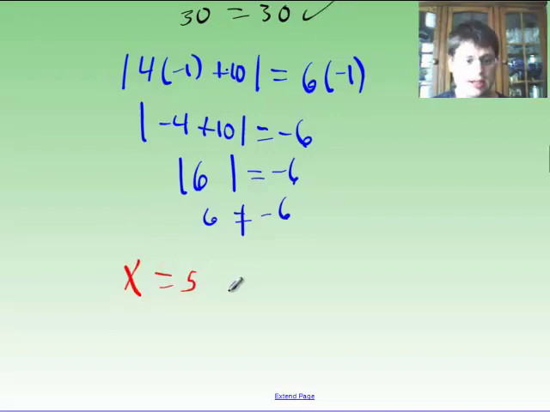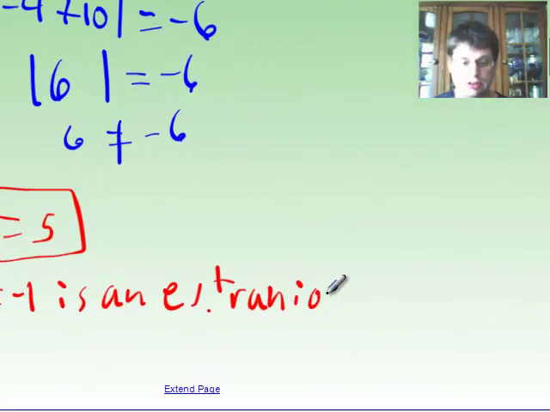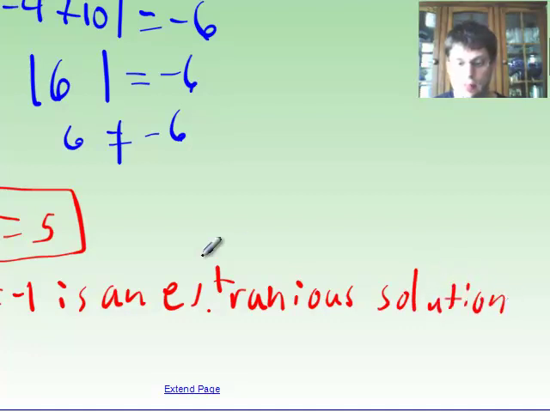So we'll say that x is equal to 5, and that's our solution, but we're also going to state that x equals -1 is an extraneous solution.